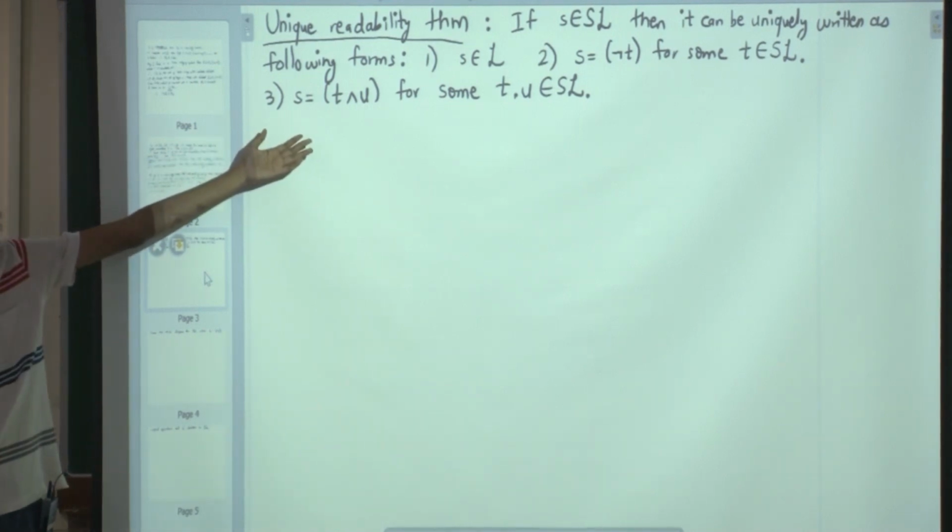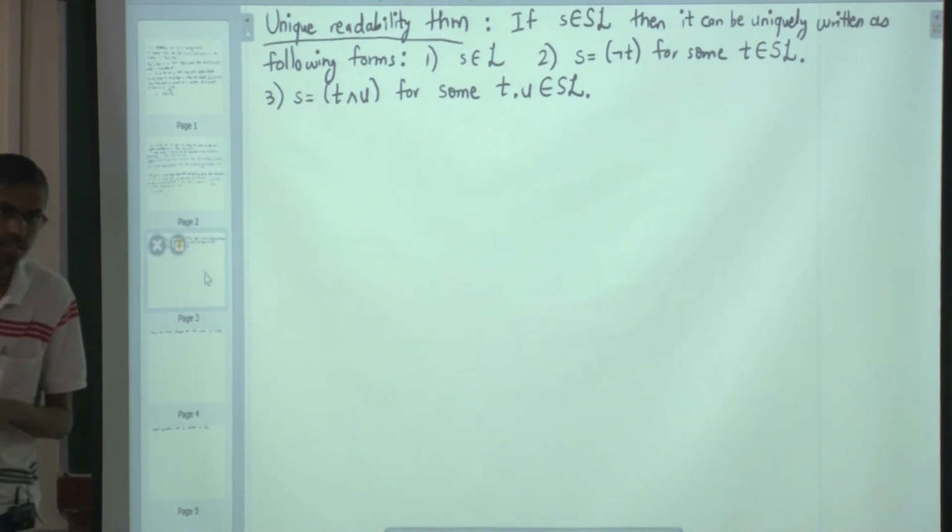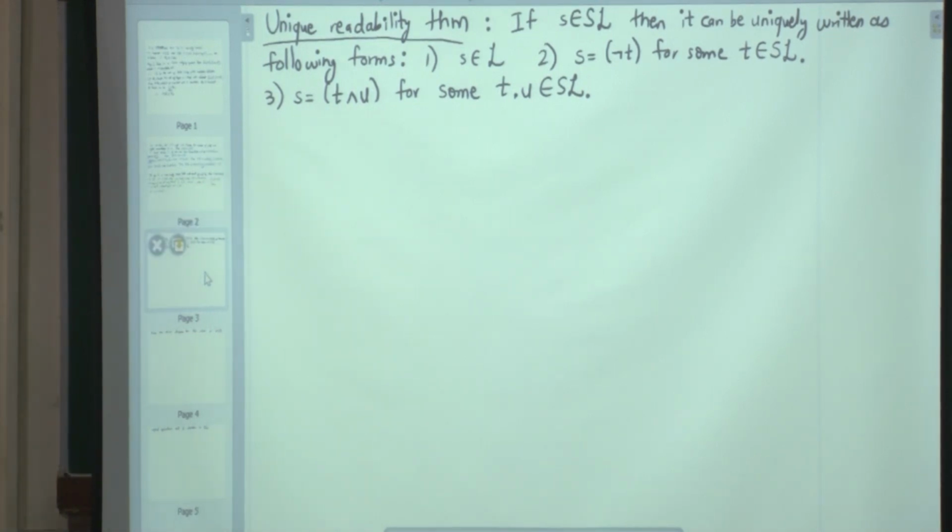Either it is in the language, or it is negation of something, or it is conjunction of two formulas. The question is, can we write a single formula using two such different forms? Any ideas on how to prove this?